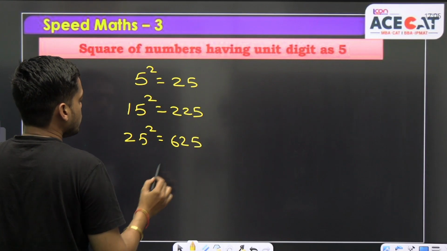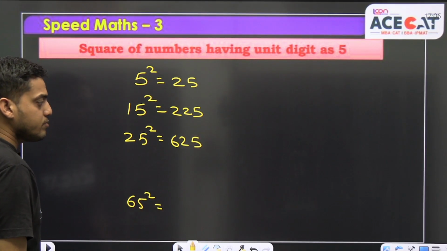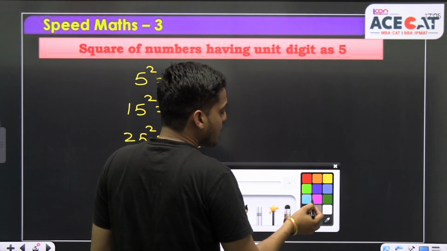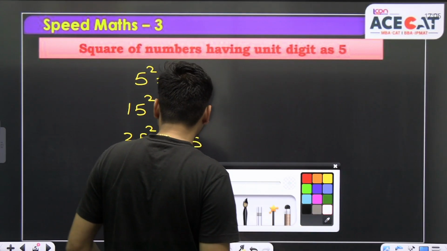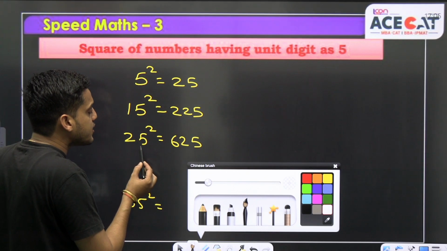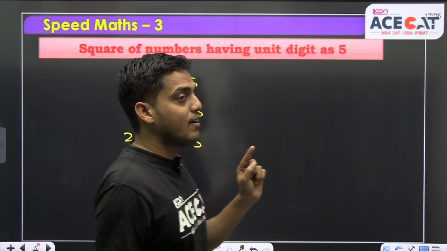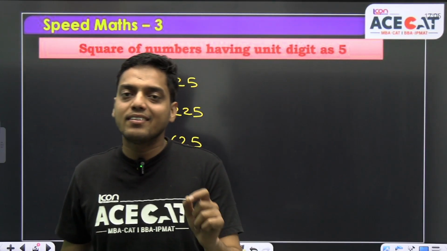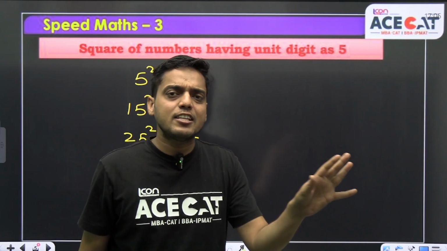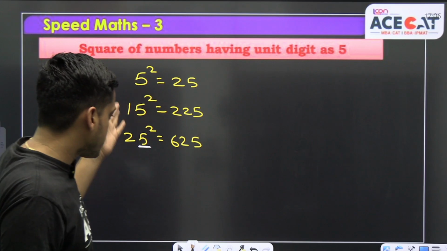But if I ask you the square of 65, you will say we need to calculate. There is a particular method by which we can calculate the square of a number in which the unit digit is 5 only. And I guarantee you, I will let you know the basics behind this, and you will never find it on any platform, after this short trick.